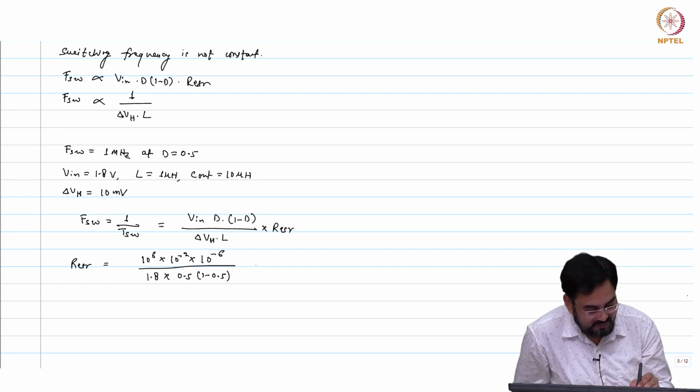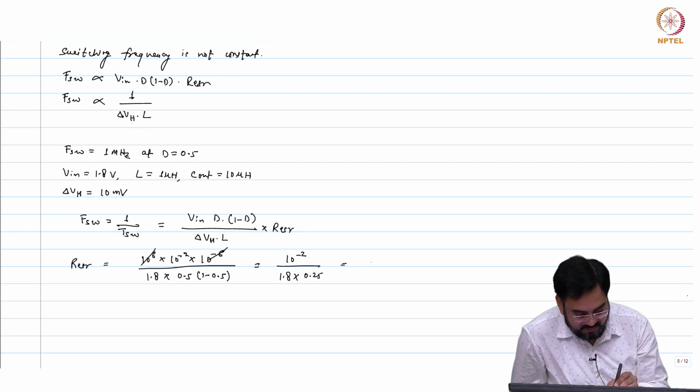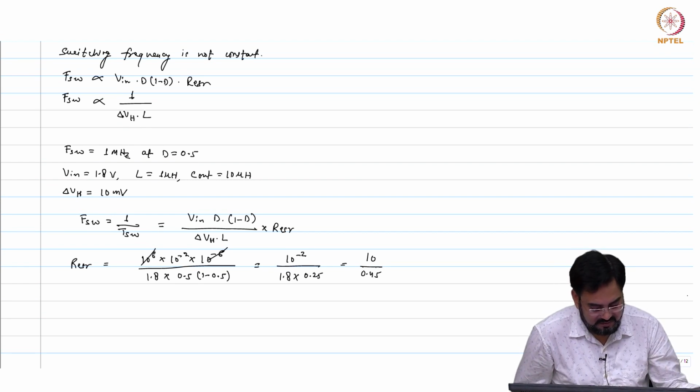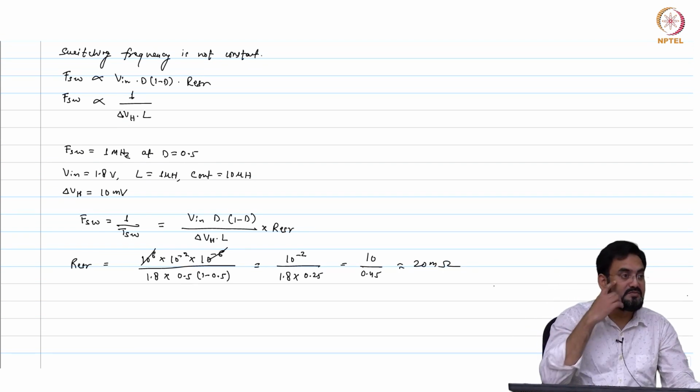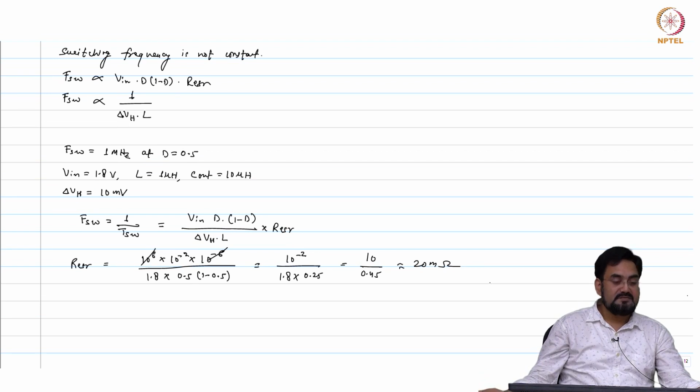How much is this? So this cancels out, so this is your 10 power minus 2 over 1.8 into this becomes 0.25. So 10 divided by, how much is this? 0.45, pretty close to 20 milliohm. Correct.